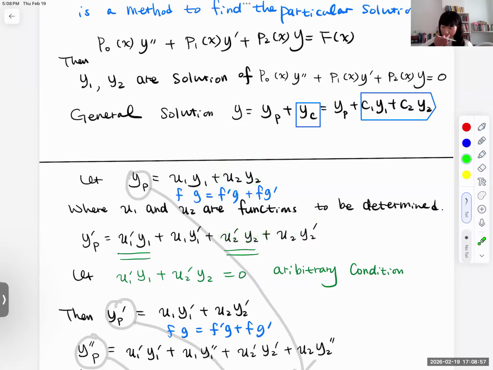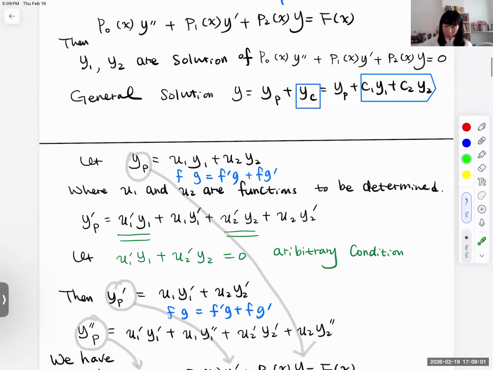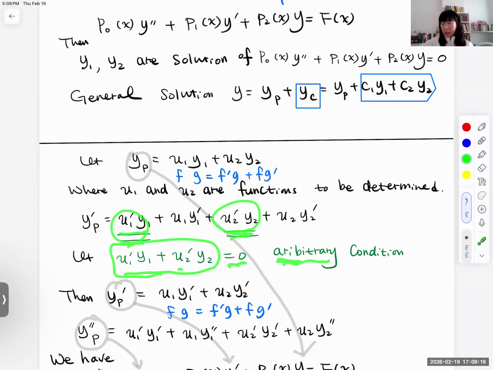Now I want to make this underlined part equal to 0. We call this an arbitrary condition.